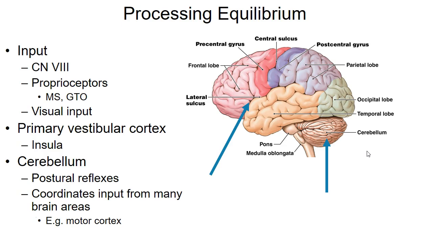So when you send out a plan to execute a motor movement, it's got to take into account all this equilibrium information coming from vestibules, semicircular canals, vision input, how much stretch is going on in your tendons and also muscles. So there's a lot of information that has to get integrated in order to maintain equilibrium. Does that make sense to folks?